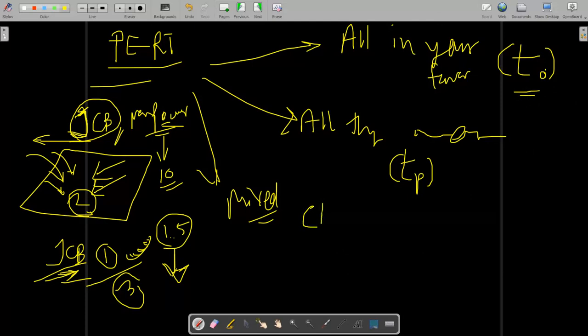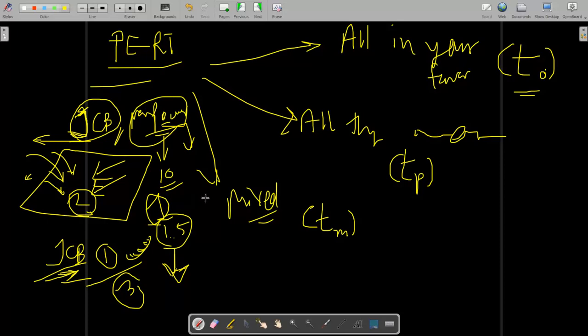And mixed time, or you can say TM, mixed time. Like the JCB has done its work in 1 day, and it has taken out all the soil, but you have to throw that soil somewhere else. Okay, so manpower is required, and you have taken your estimate that in 1 day 10 workers will do the work.